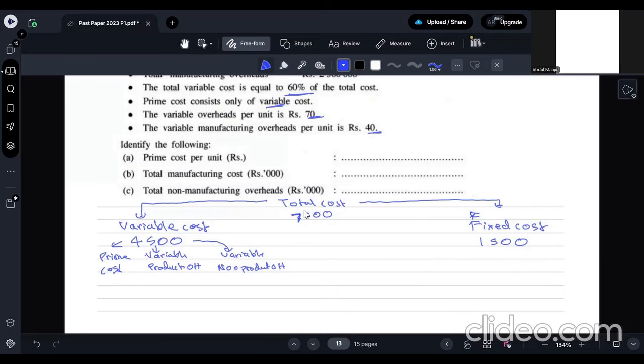Okay, and in fixed cost you will have fixed production overhead, and you will have fixed non-production overhead.